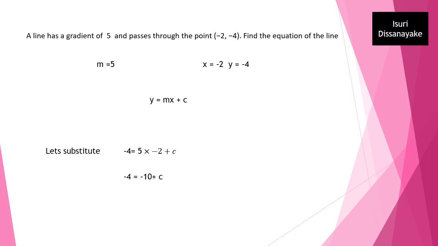So when we simplify it, it's -4 equals -10 plus c, and c is equal to 6. Okay, now we are ready. M is given, c we found. When you know m and c, we can substitute them into the equation y equals mx plus c and write the equation of the straight line as y equals 5x plus 6.